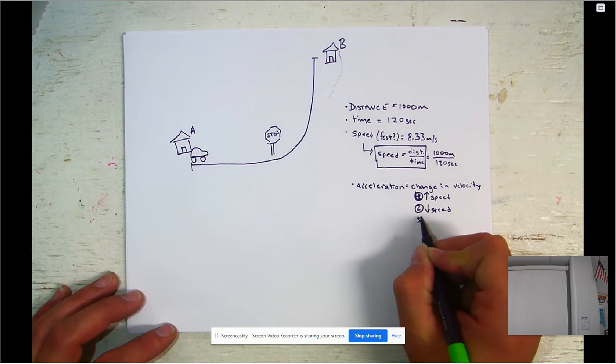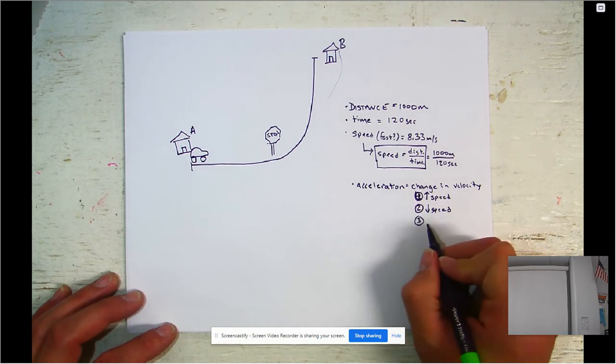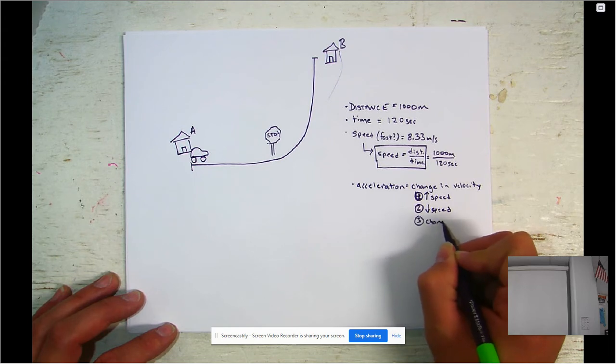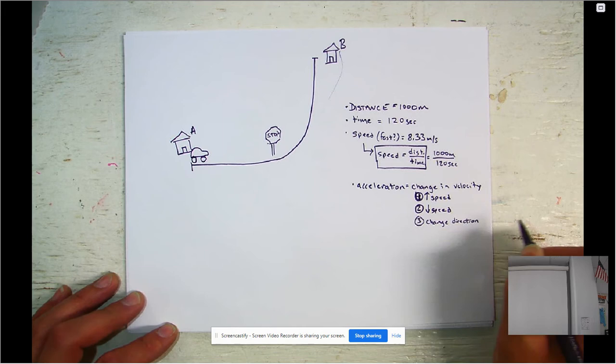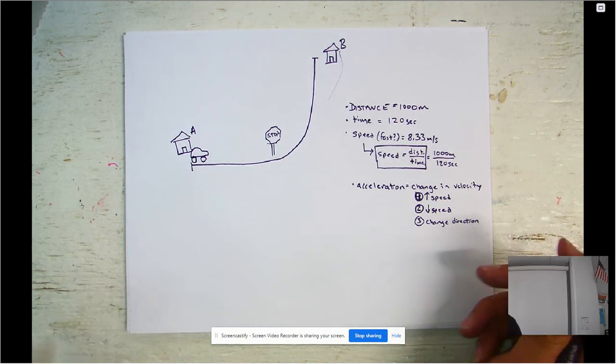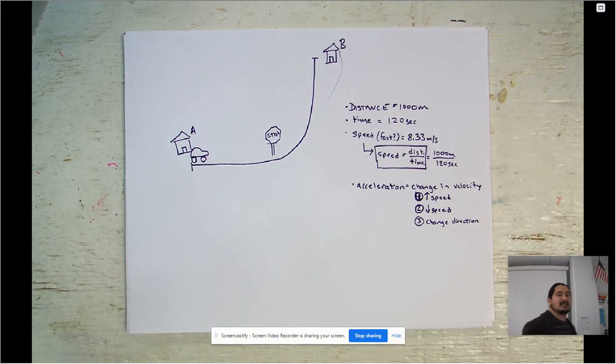Another way that you can have acceleration, and not many people think about this, is when you change direction. So changing direction is also when you have acceleration, because acceleration doesn't mean you're speeding up, it means you're changing your velocity. So speed, either increasing or decreasing, and changing your direction. Okay?